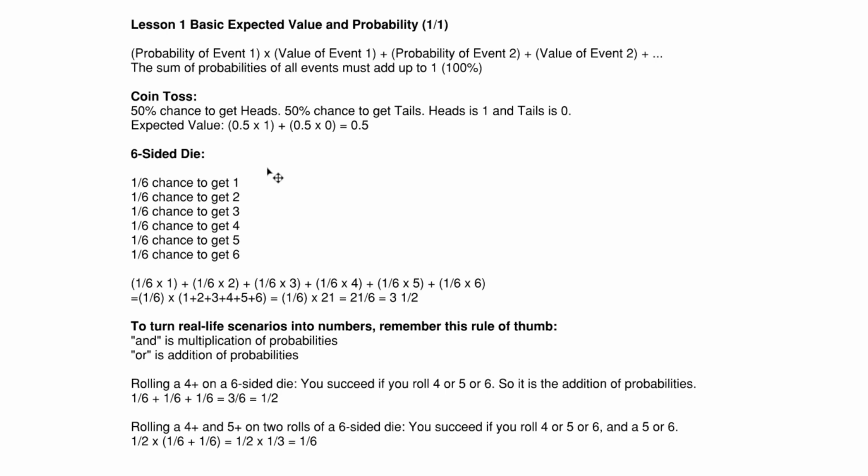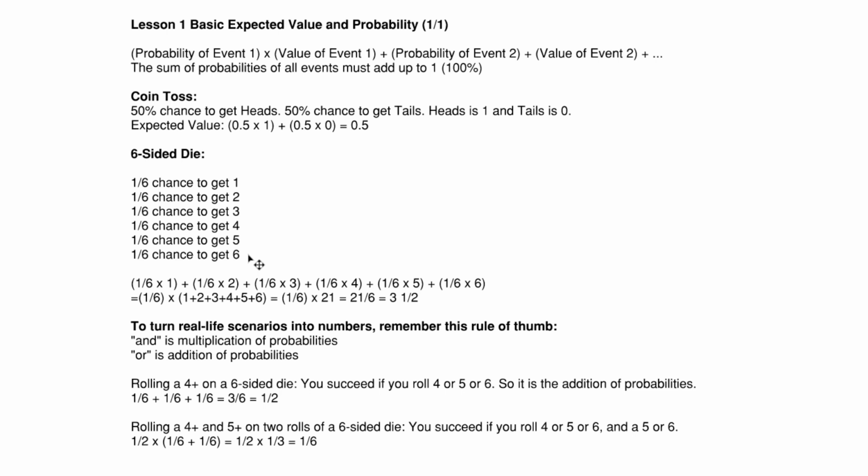The next example is another common example, which should be applicable to wargamers, like people who play Warhammer 40K, for example. For a lot of scenarios, you are rolling a 6-sided die. You have a 1/6 chance to get 1, 1/6 chance to get 2, 1/6 chance to get 3, 1/6 chance to get 4, 1/6 chance to get 5, and finally a 1/6 chance to get 6.